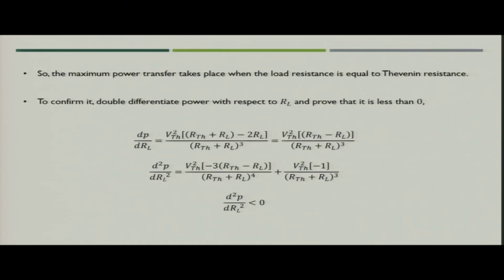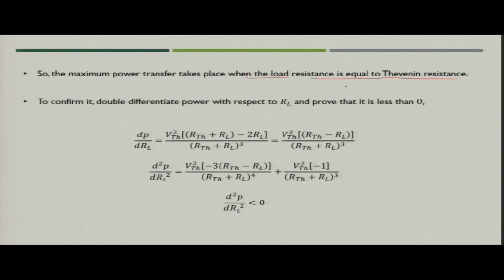As we discussed in the previous class, the maximum power transfer takes place when the load resistance is equal to the Thevenin resistance. This we derived by taking the derivative of power P with respect to RL, which is the variable.